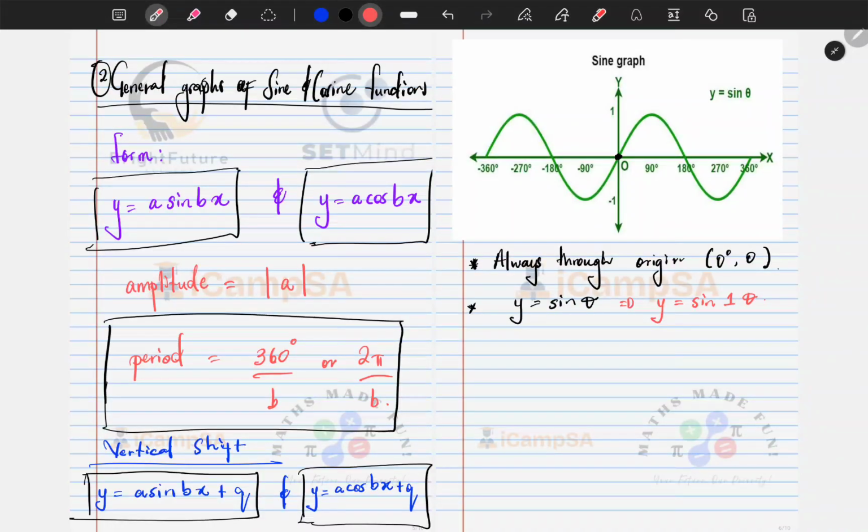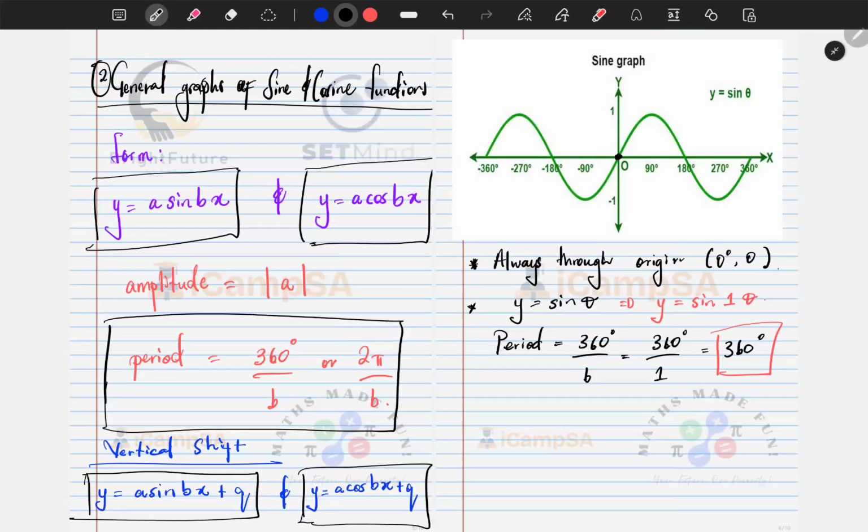So your period is equal to 360 divided by b, which is 360 degrees over 1. So my period would be 360 degrees. This is what defines my period.